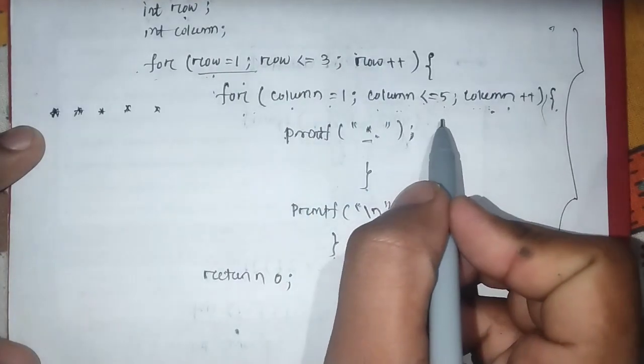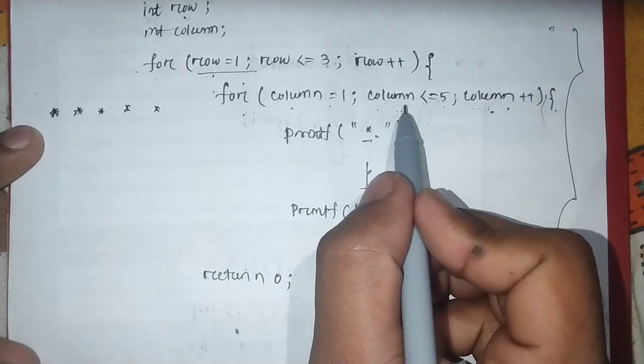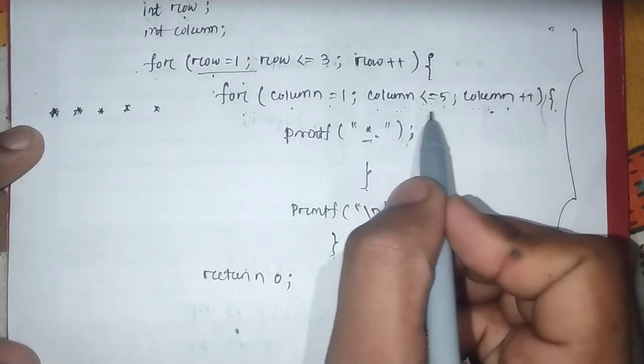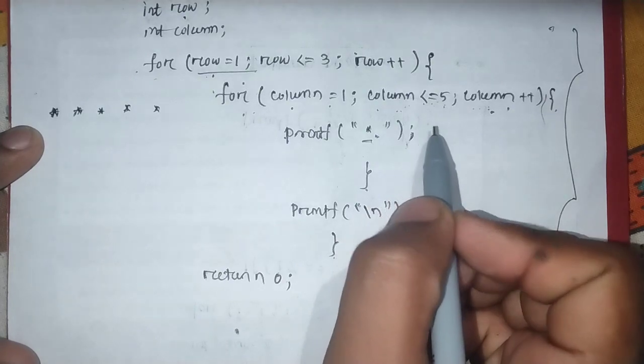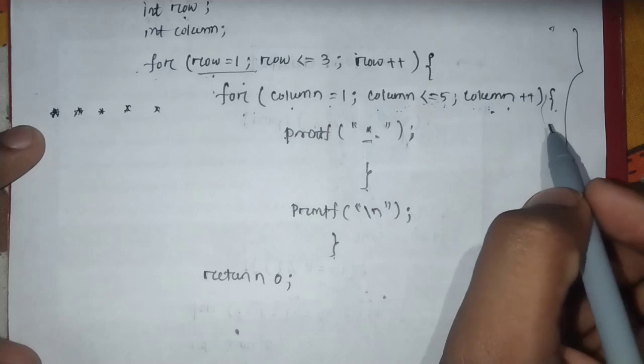It will terminate when the value of column will be 6, because 6 is not less than or equal to 5. So it will give us false. For the value of false, the inner loop will terminate.